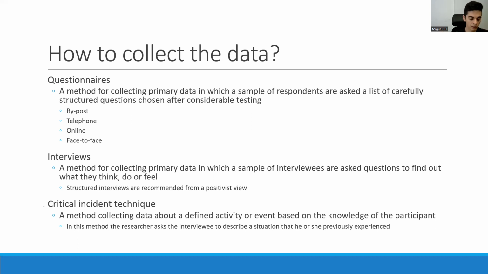And the critical incident technique is when you ask about something specific, about a situation that you want to study, and then you collect data from that. So it's kind of like building a story on a very specific thing. You can say, do you recall the day when you didn't have internet?